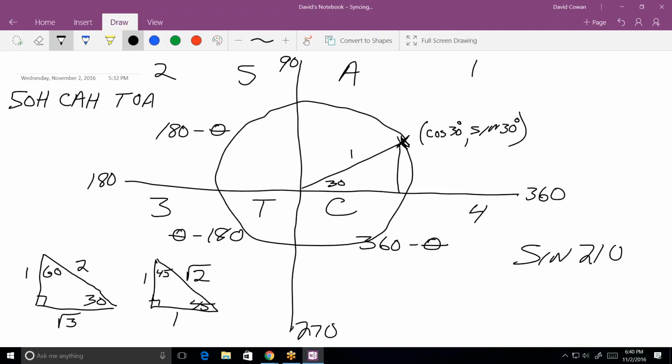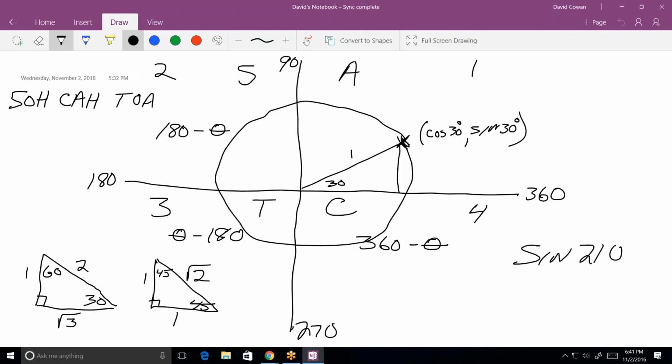Why is that? Well, what's the cosine of 30 degrees? It's the adjacent side over the hypotenuse, which is 1. That's why they call it the unit circle, because no matter what angle I'm talking about, the hypotenuse, or the length of that ray, is 1. And because it's 1, it makes the x coordinate the cosine.